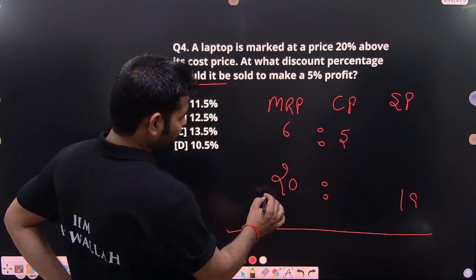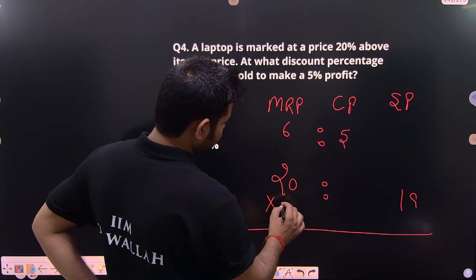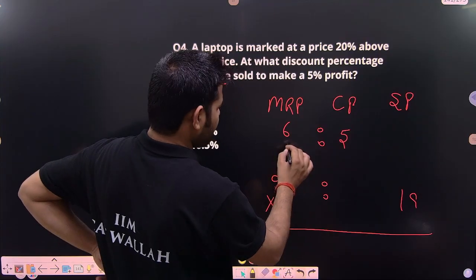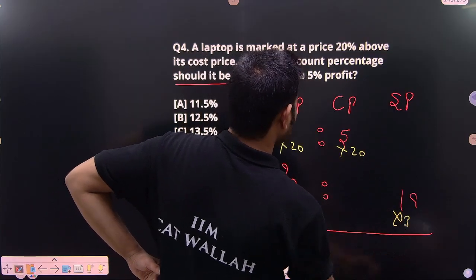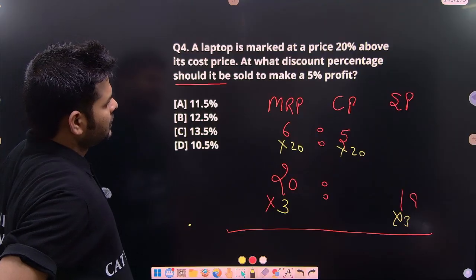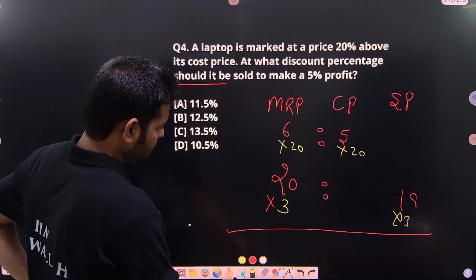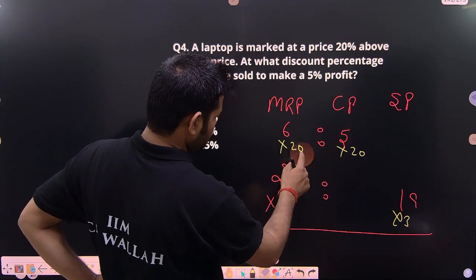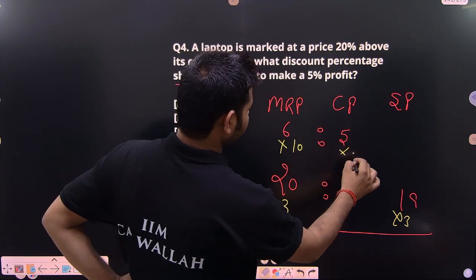You need to multiply here by 3 or here by 20. Here also 20, here also 3. Now you will see 60, 60. Okay. 10. So that would be 10, that would also be 10.